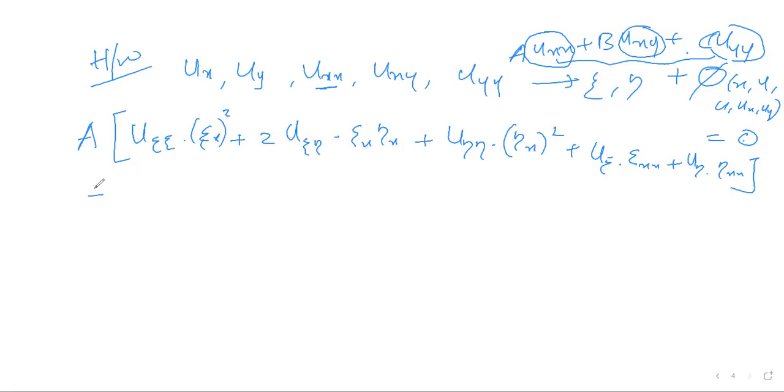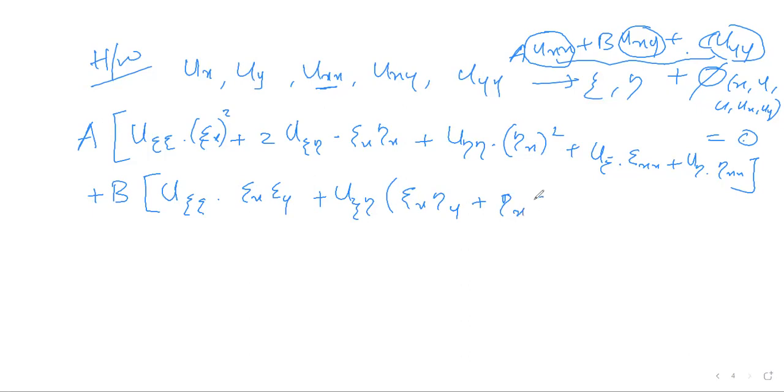Again, let me substitute my uxy terms in terms of zeta and eta. Again, you will have u zeta zeta, zeta x, zeta y, plus u zeta eta times, after some simplification, zeta x eta y plus eta x zeta y.